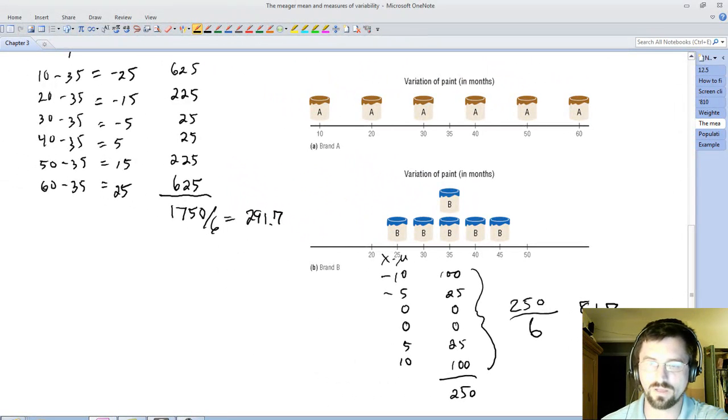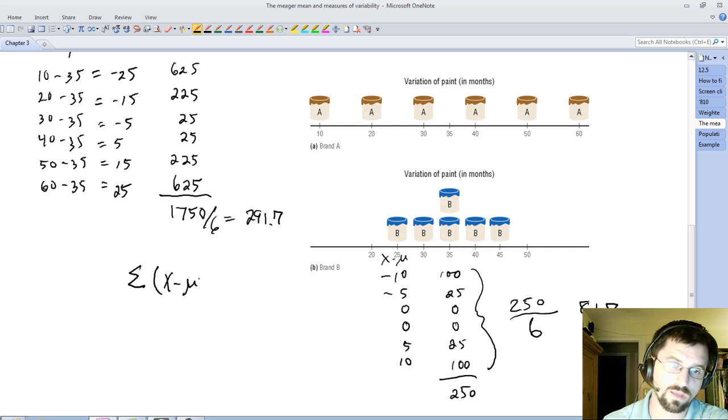What we normally do is take the square root of it, because we define variance as the average of the squares of the differences, and we define the standard deviation as the square root of that.